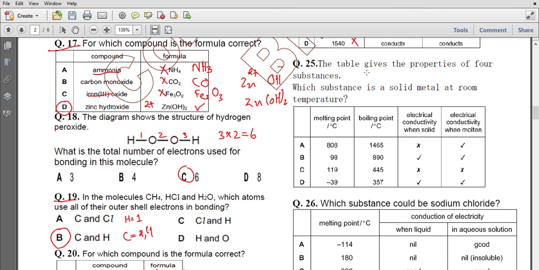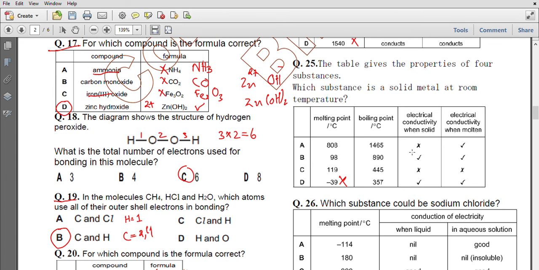Question number 25. The table gives the properties of 4 substances. Which substance is a solid metal at room temperature? So again, a metal. Metals usually have high melting and boiling point. So here we have to eliminate this one first. Secondly, the metals are good conductor of electricity in both solid and molten state.